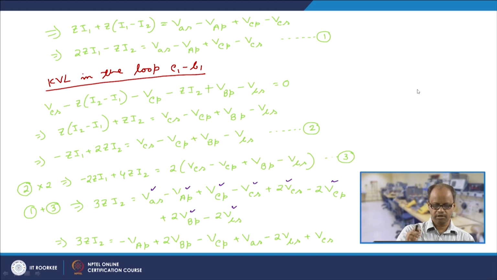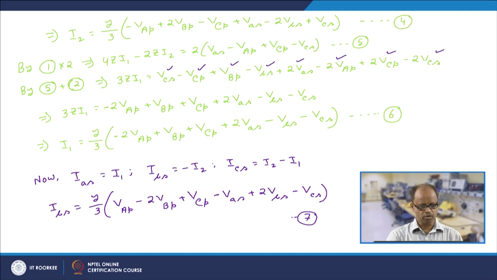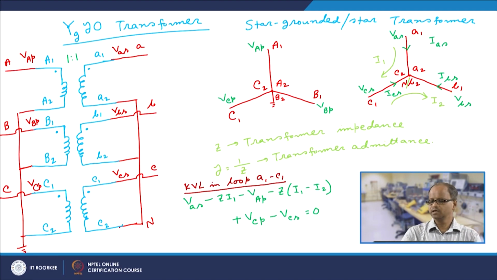After getting these two KVL equations, we have solved them, and after solving we have got the expressions of I1 and I2, and from the expressions of I1 and I2 we have also got the expressions of IAS, IBS and ICS, and these IAS, IBS and ICS are already shown in this vector diagram.